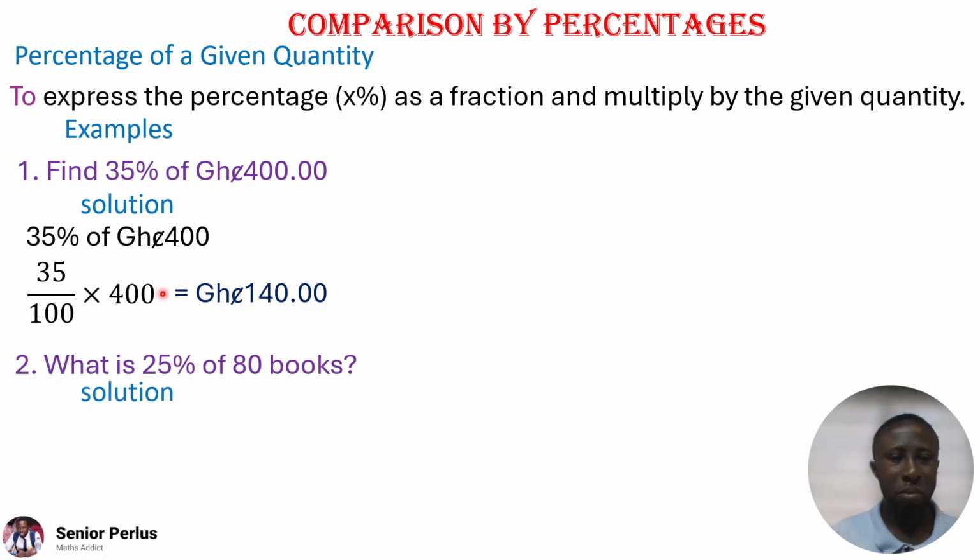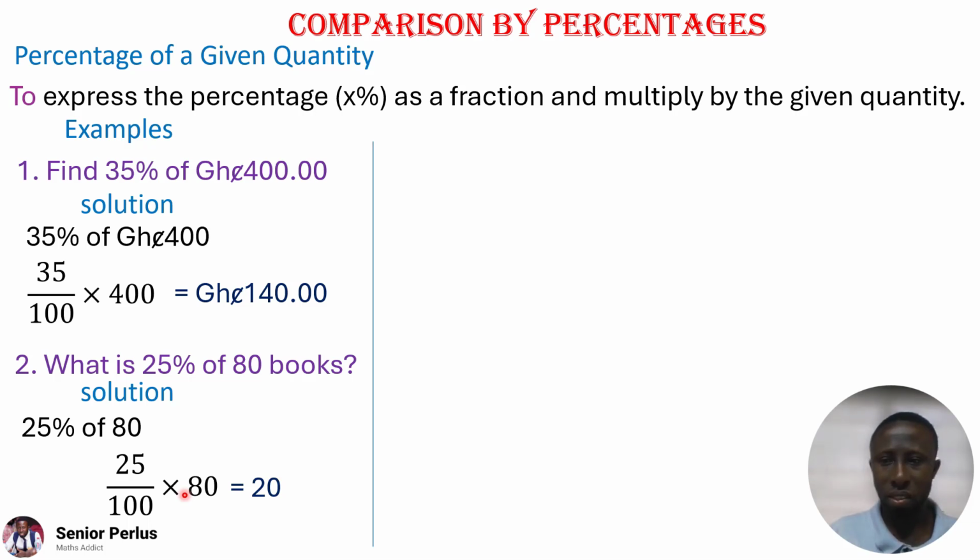So you express this as a fraction, then 25% of 80 books. You just continue: the 0 goes here, 8, then 5 goes here, 2 goes here. Or you can make use of your calculator, and you'll get 20 books.